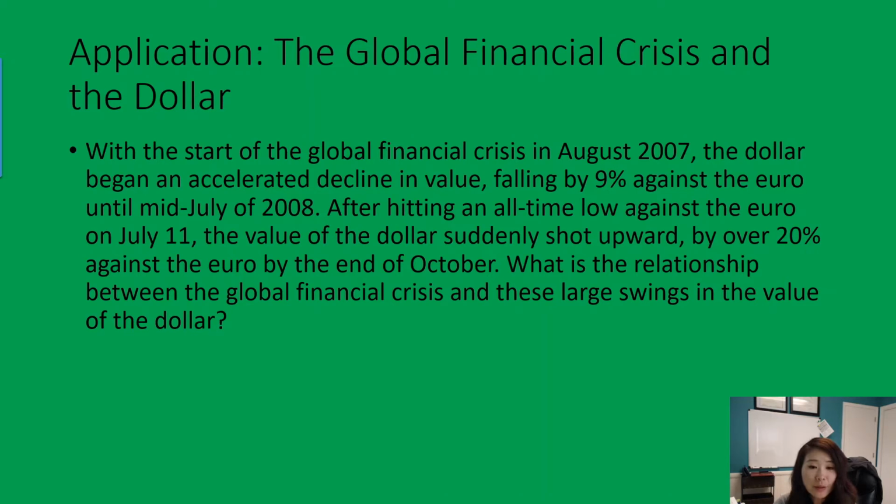So what is the relationship between the global financial crisis and this large swing in the value of the dollar? Think about when the financial crisis happened, in August 2007. That means people were expecting the interest rate gained from U.S. assets to decrease.